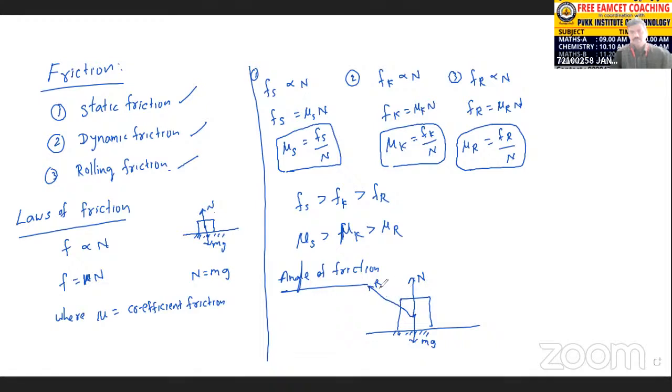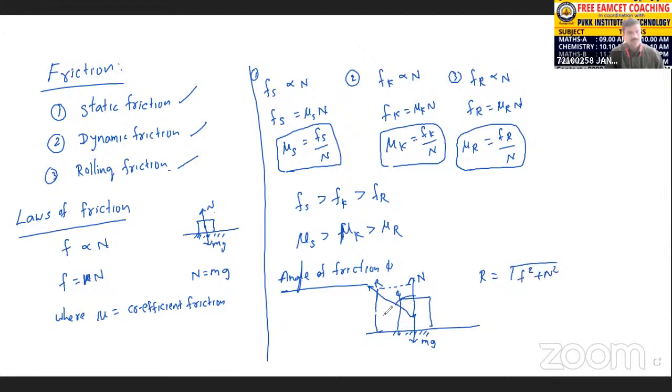So this angle is phi. Phi represents the angle of friction. What is the definition of angle of friction? Angle of friction is defined as the angle between the normal reaction and the resultant of the frictional force. So R is equal to the square root of F square plus N square.